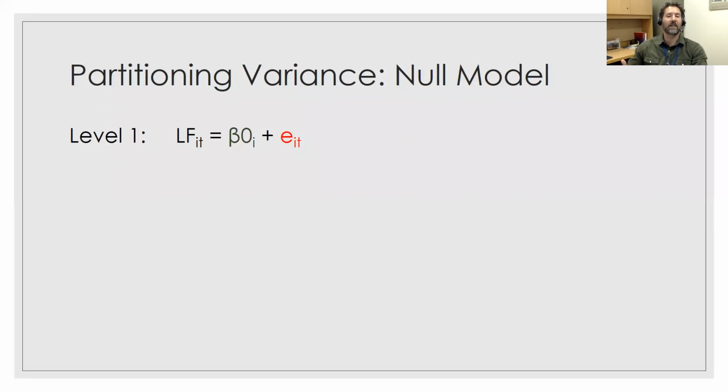The intercept is beta naught, and that tells us that each person in our data set will have their own intercept, meaning their own average value of low frequency HRV. Of course, we're modeling multiple LFs for each person, so there is a residual error corresponding to each individual i and time point t. Does that first line of this equation make sense? You can chime in if it doesn't, otherwise I'll keep going.